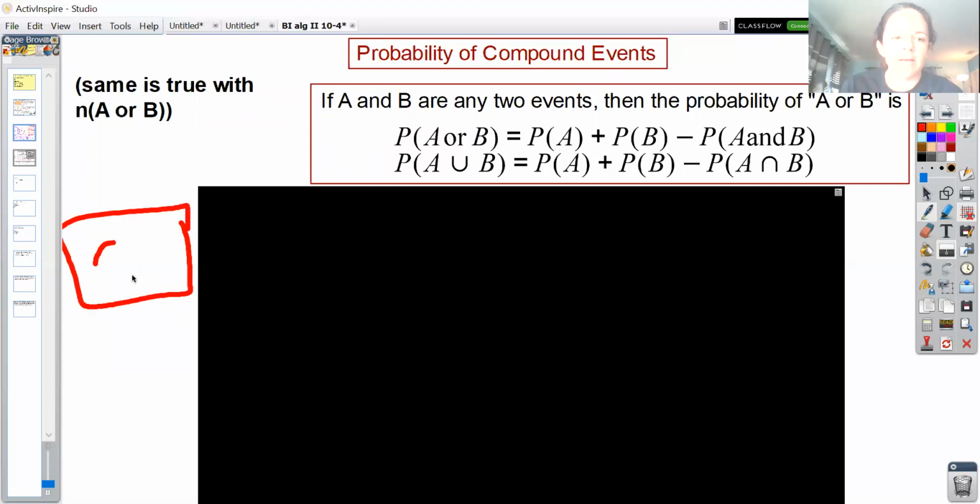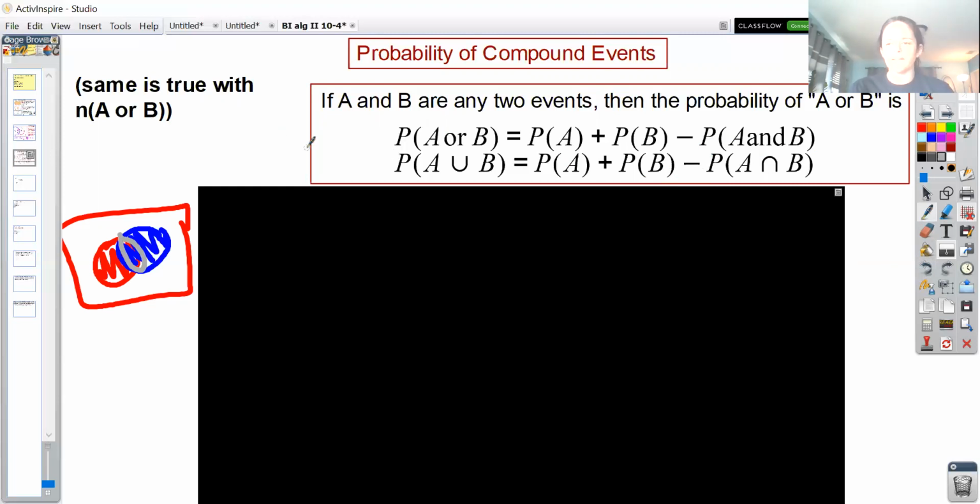The probability of A, whatever that is, and also the probability of B, whatever that is. But then notice that in my shading, I've counted that intersection area twice. So we're going to subtract out one of them, right? We're going to subtract out the overlap. And that'll give us the probability of that union.